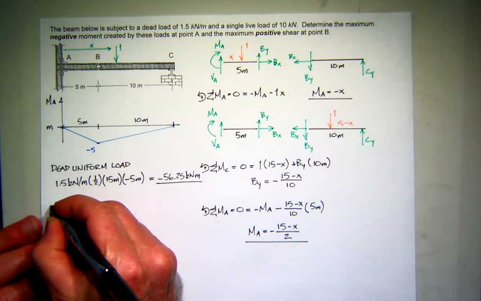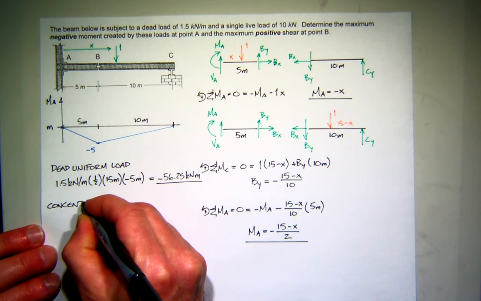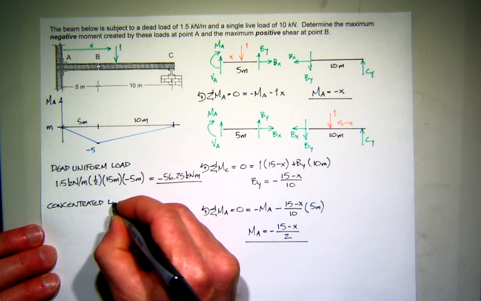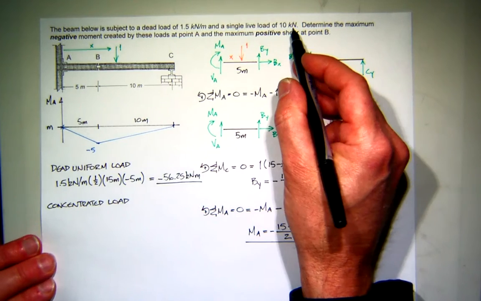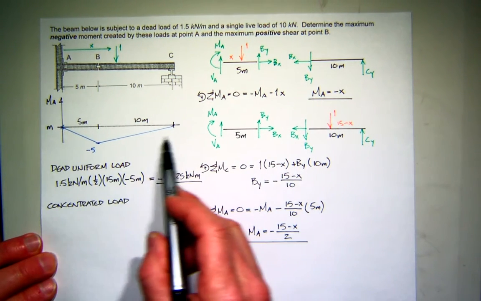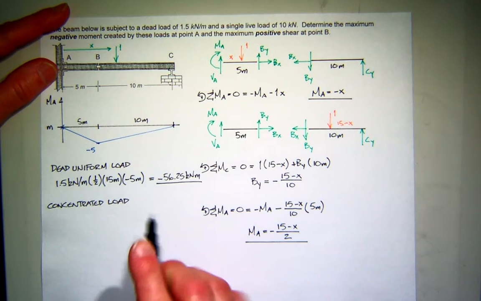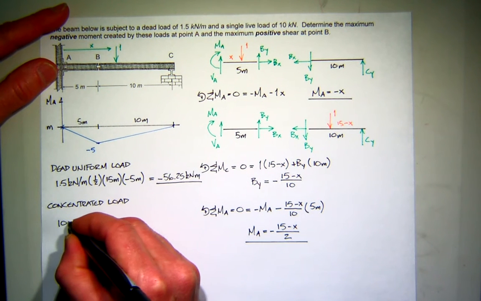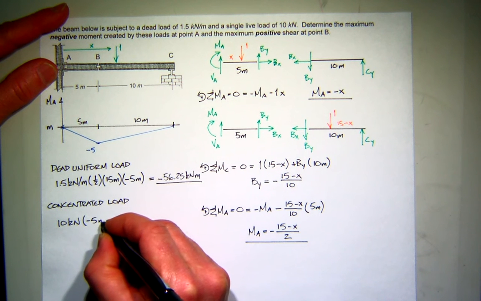Now what about the concentrated load? Well, that has a value of 10 kilonewtons. So what's the maximum value of the ordinate on the graph? -5. So you'll take your 10 kilonewton times -5 meters.